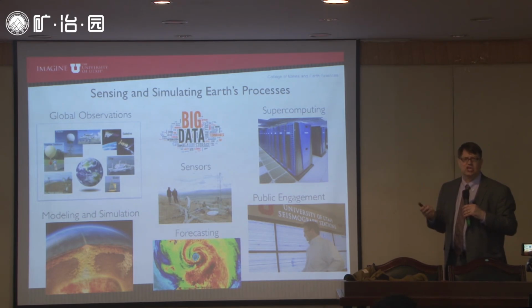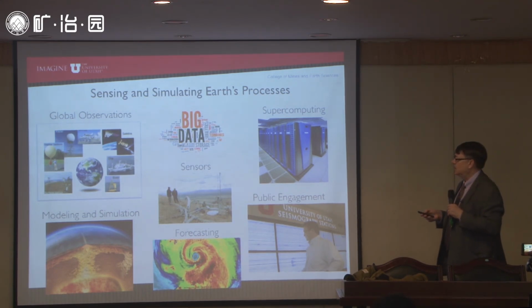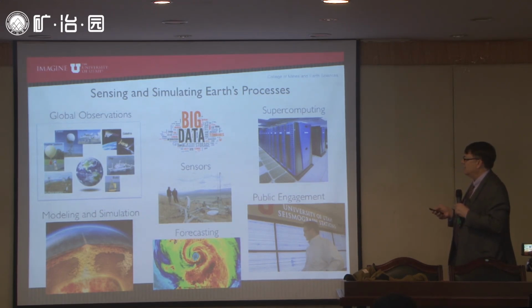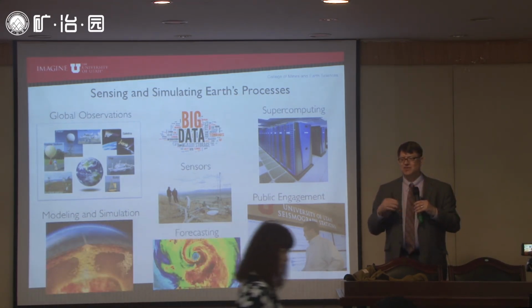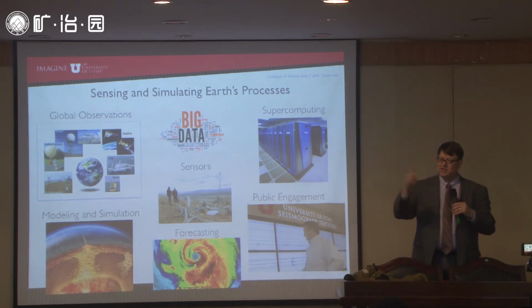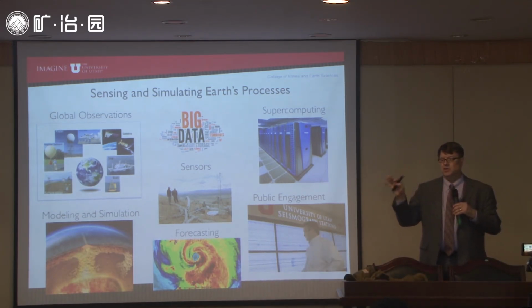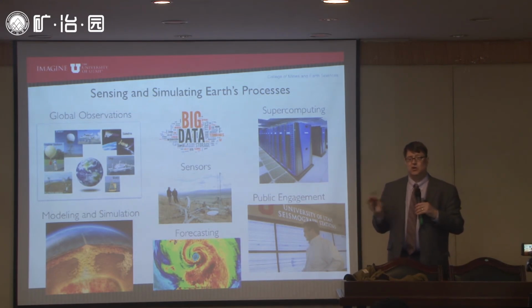So we have a really, really good high-performance computing center at the university that we make use of. And we also put our own sensors out in the field. For example, we have around 270 seismograph stations planted all over the Rocky Mountains. We use them to collect data on earthquakes.